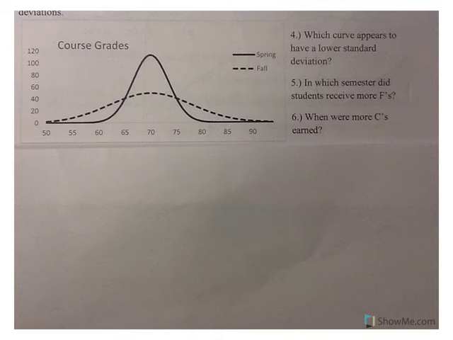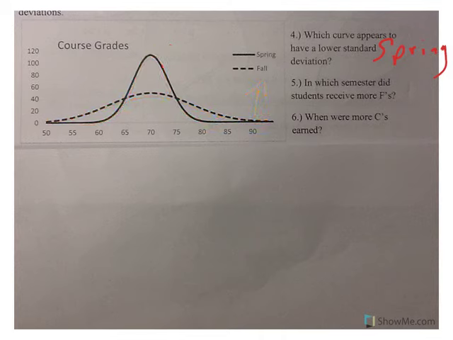The wider the distribution, the larger the standard deviation. So you can see that the fall has a wide distribution, which means higher standard deviation. The spring is high and tight, smaller variation, smaller standard deviation. So who has the lower? That would be spring because it's high and tight.